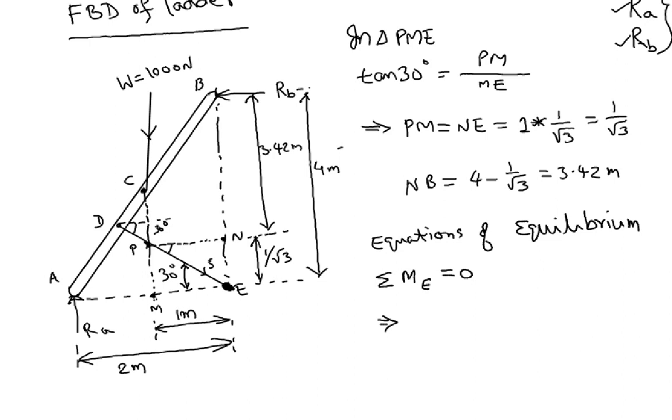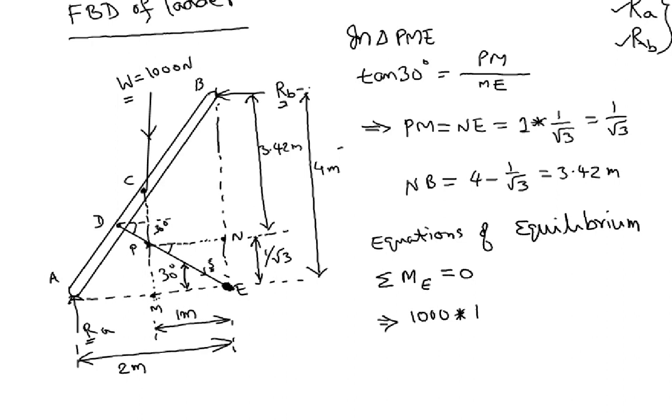Because the string is passing through E, the force S does not contribute to any moment. So the only three forces that contribute to moment are RA, RB, and the 1000 Newton force. We write 1000 Newton force multiplied by its perpendicular distance from E, that is EM, which is 1. 1000 times 1 creates an anti-clockwise moment, so it is positive.